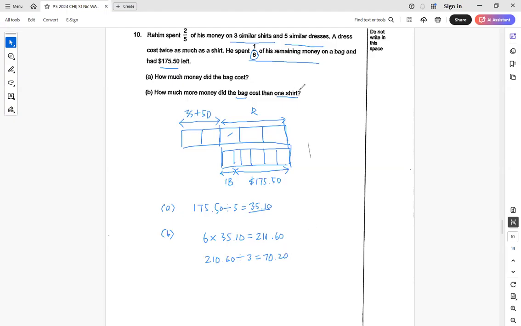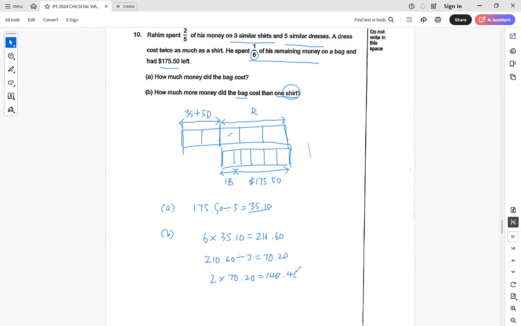We are finding the cost of 1 shirt, right? To find 1 shirt, we have to find out how much is the total cost for 3 shirts and 5 dresses first. So in here there are 2 of this, so I will take 2 times $70.20. Because just now we have found that 1 part here is $70.20. So 2 of this will just be 2 times $70.20. That will give us 140.40.